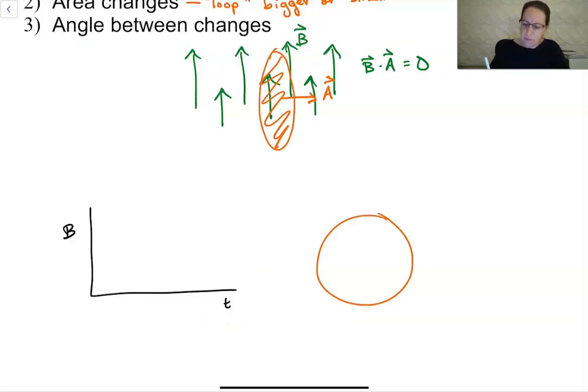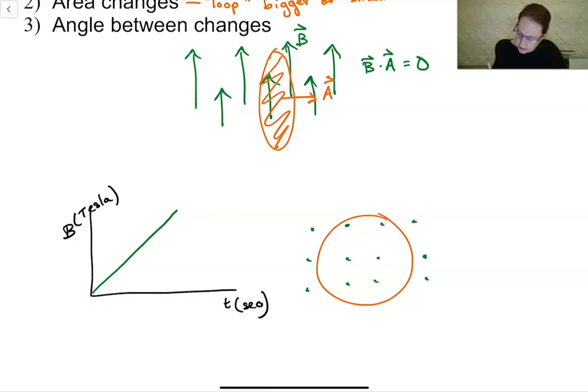So let's say we have a magnetic field that starts from 0 basically, and it increases like this with time. So this is magnetic field, this would be in Tesla, and this time would be in seconds. And let's say that it's pointing out of the page, so that would mean that as it gets bigger, we would get bigger dots like this. So it's pointing out of the page, it's the same value everywhere on the screen.